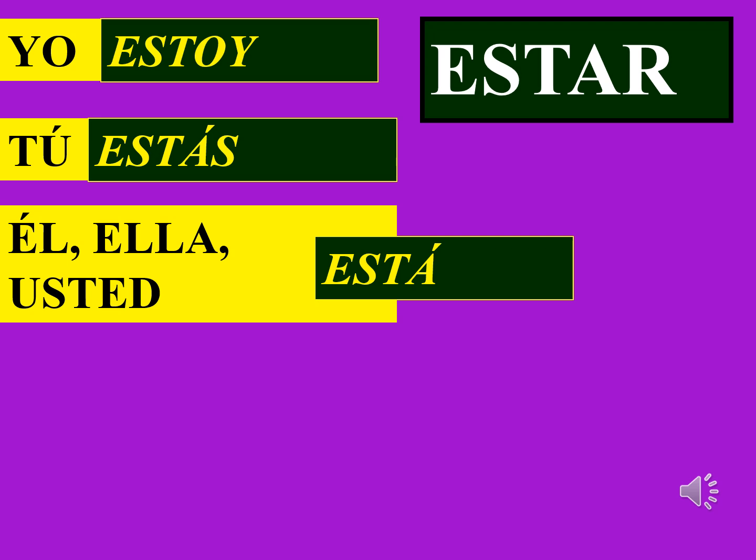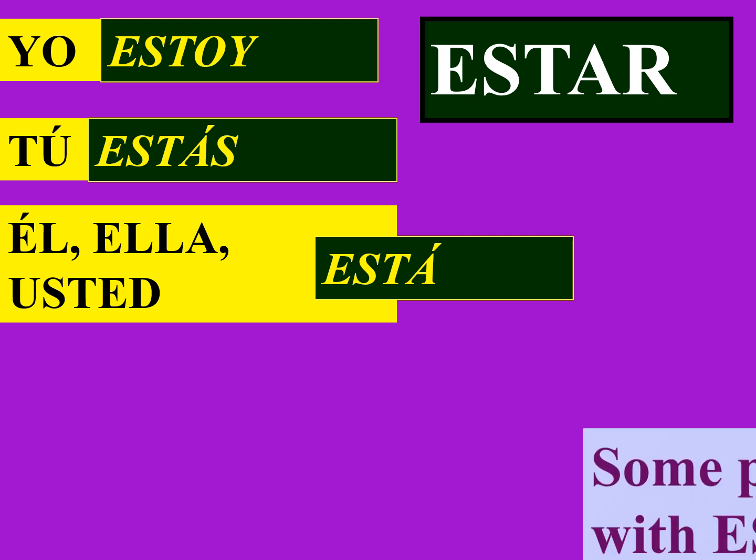Note that they're using the same subject pronouns, so we're not changing those. All we're dealing with is taking the basic form of the verb, estar, and putting it in the correct form depending on which of these pronouns is the subject of the sentence.